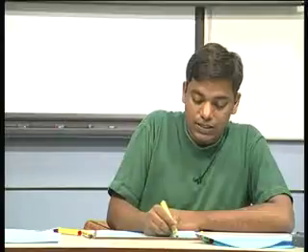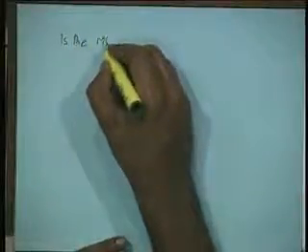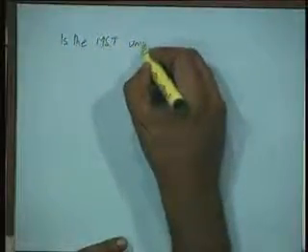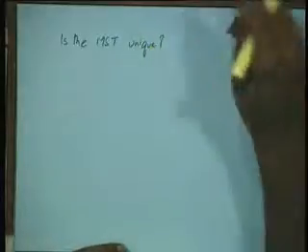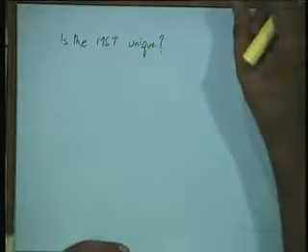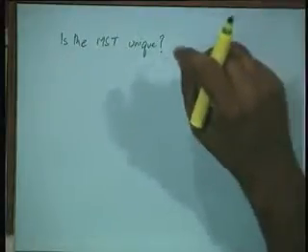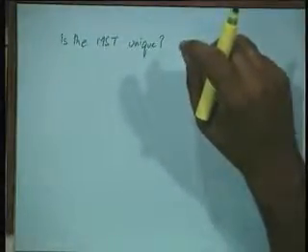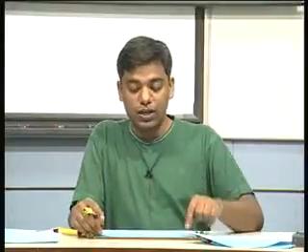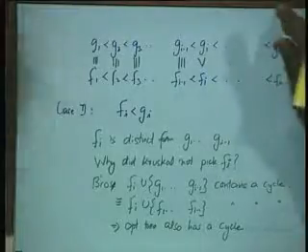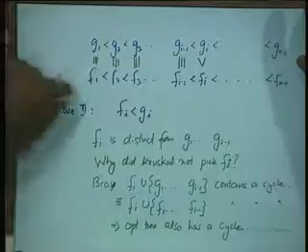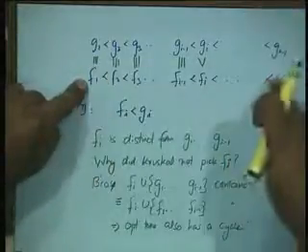So, is the minimum spanning tree unique? क्यों? अभी तो हमने आर्ग्यू किया कि ये यूनिक है. क्या हमने आर्ग्यू किया? हमने ये कहा कि ये जो है बेस्ट ट्री है.